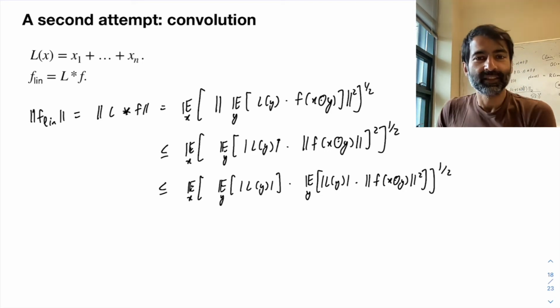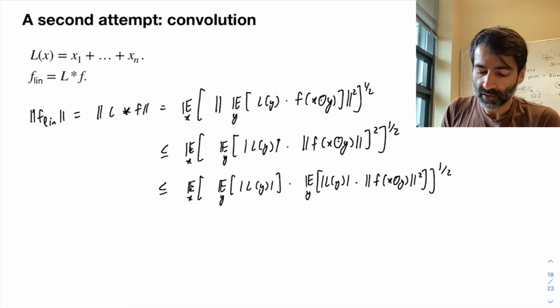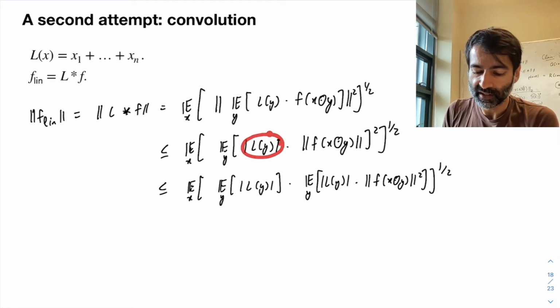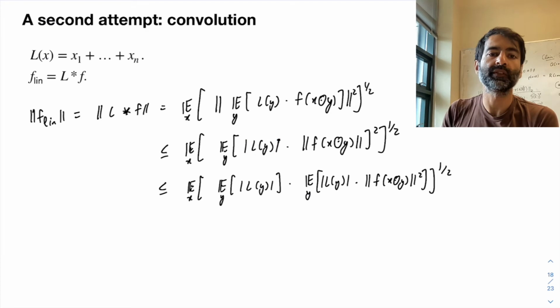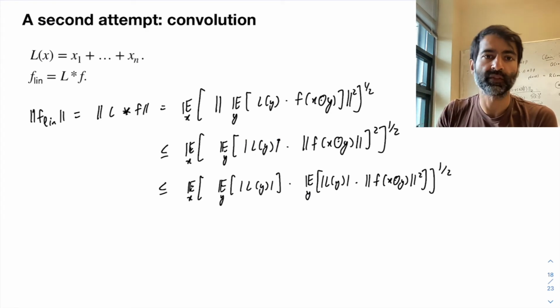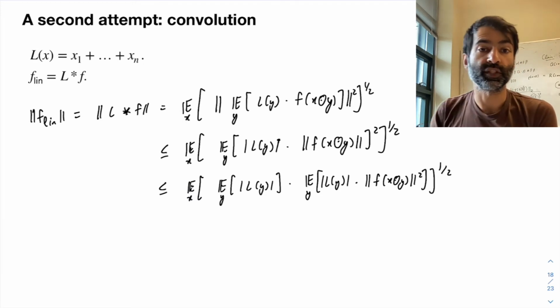Okay, so if it's not clear how I use the Cauchy-Schwarz inequality, think of breaking up this term into square root of the magnitude of L times square root of the magnitude of L. Okay, and then apply the Cauchy-Schwarz inequality.